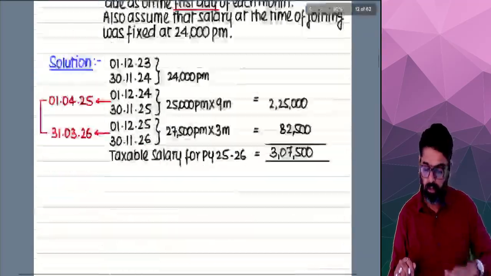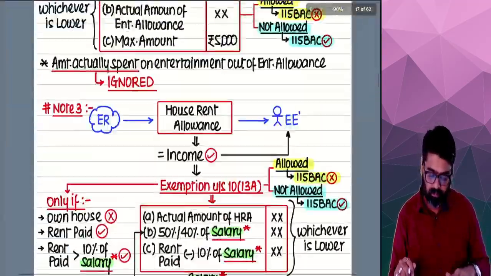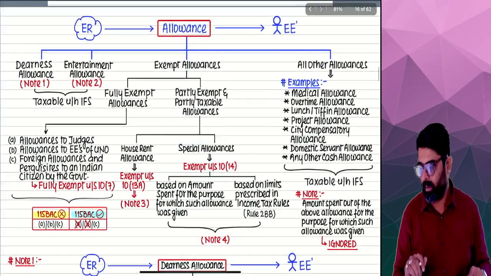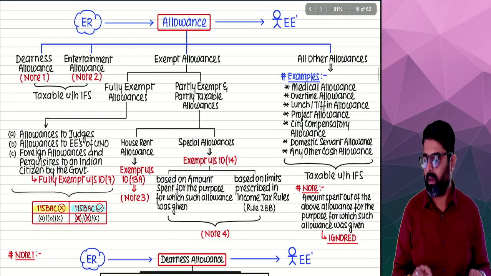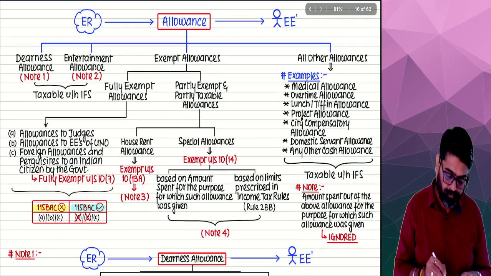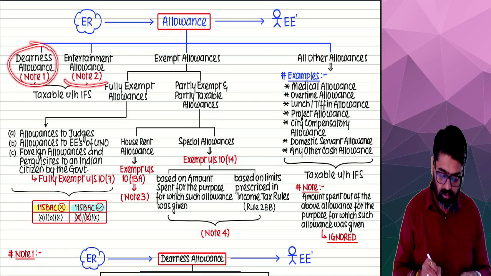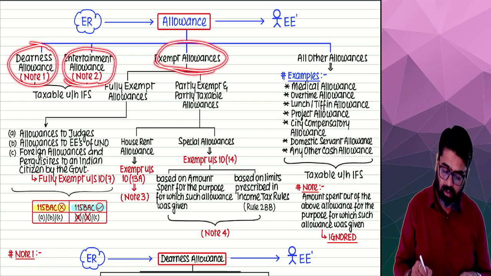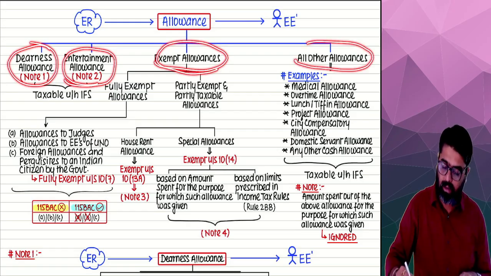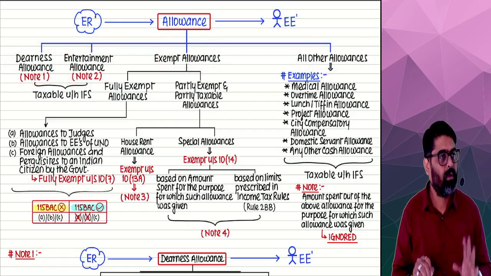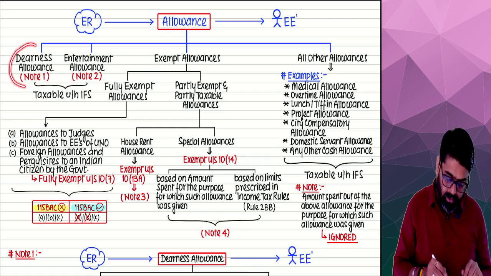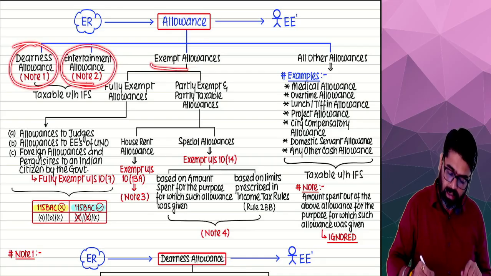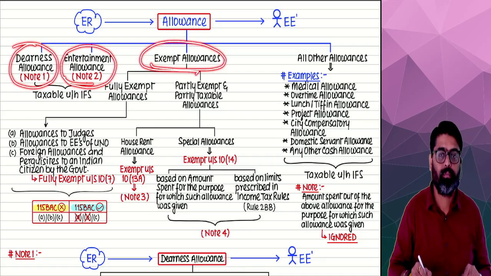Okay. So now see which allowances are exempt and which are taxable. For the purpose of taxability, I have classified this. See, dearness allowance, entertainment allowance, then there is a category of all other allowances. Dearness allowance is written separately, entertainment allowance is written separately, and exempt allowances are written separately.